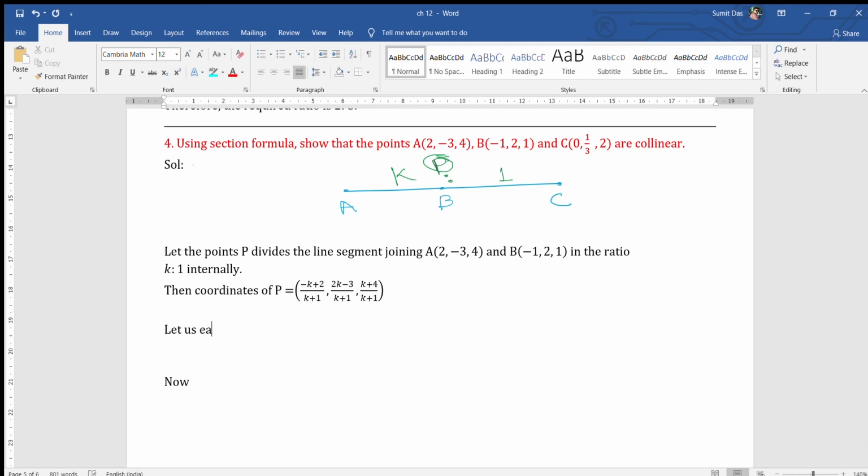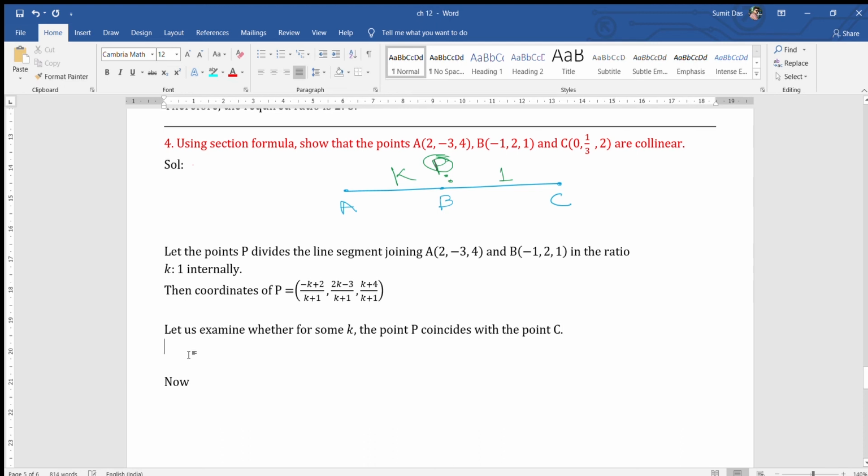Let us examine whether for some k the point P coincides with the point C. We have to check whether for some value of k, this point P and point C coincide or not.